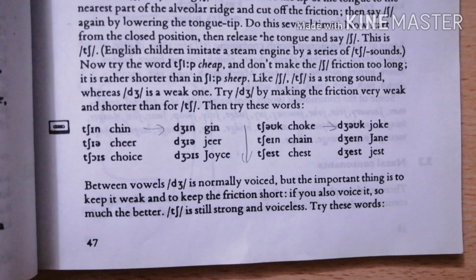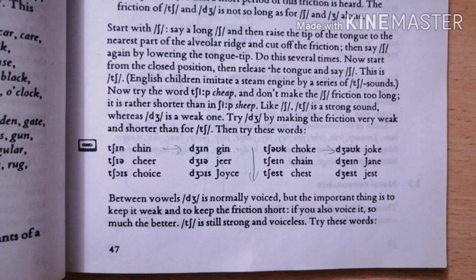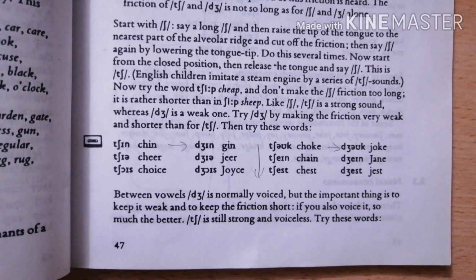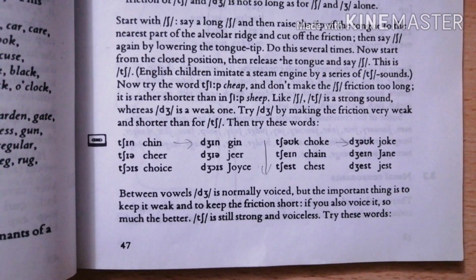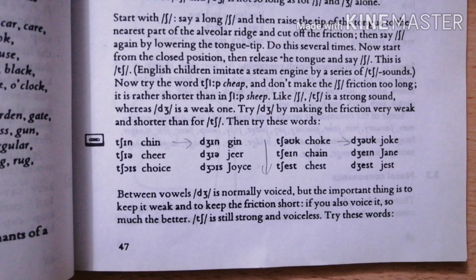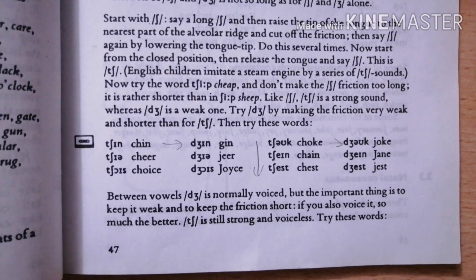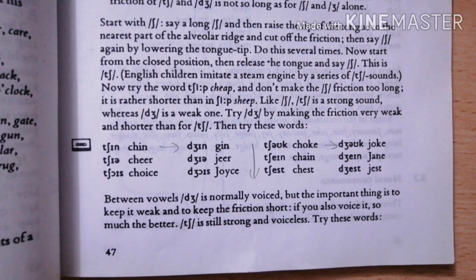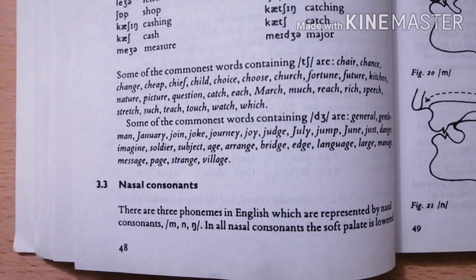Now open your books, please, on page 47, bottom of this page. Now I'm going to read the words. Chin, gin, chia, Gia, choice, Joyce, choke, joke, chain, Jane, chest and jest.